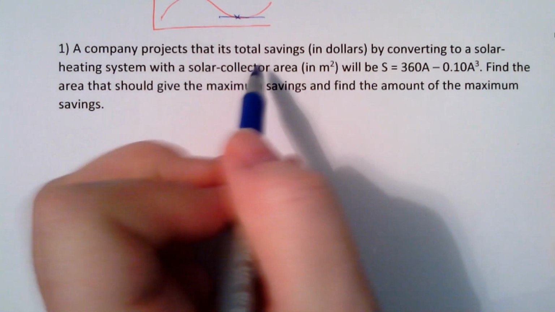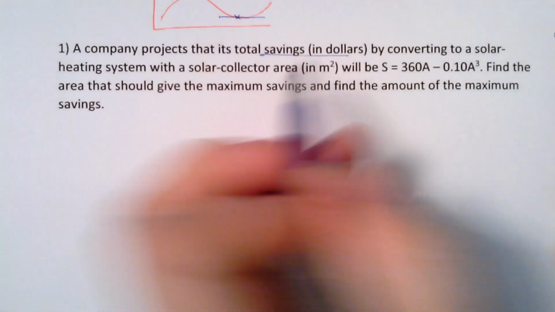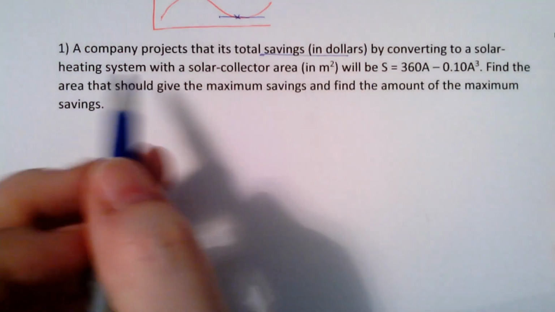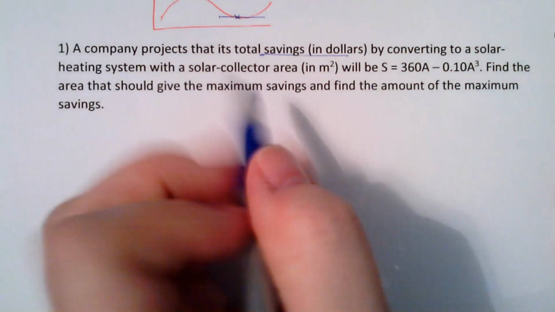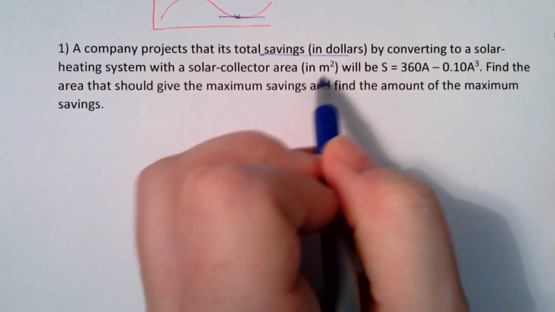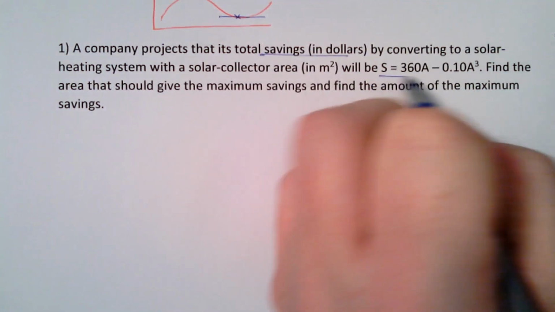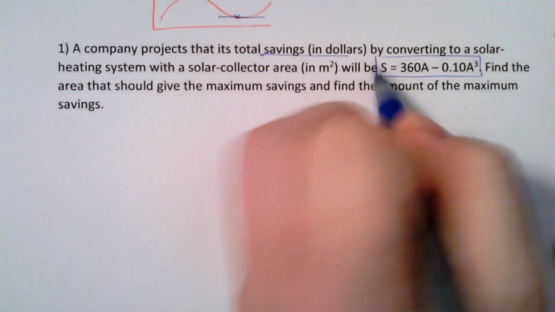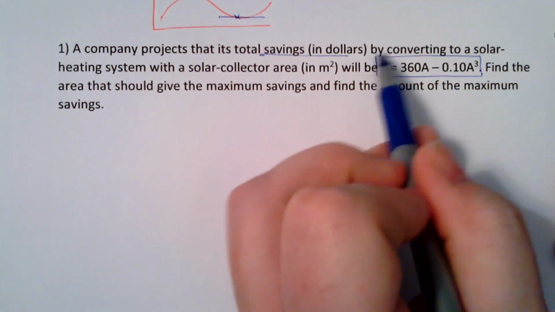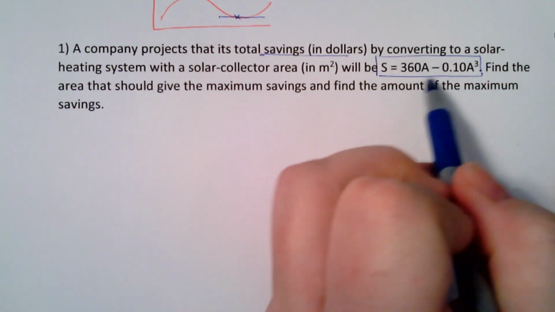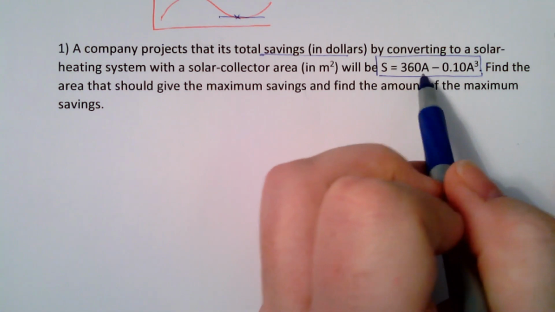A company projects that its total savings in dollars by converting to a solar heating system with a solar collector area in square meters will be the following. Where S is your savings, A is the size of the solar collector in area.